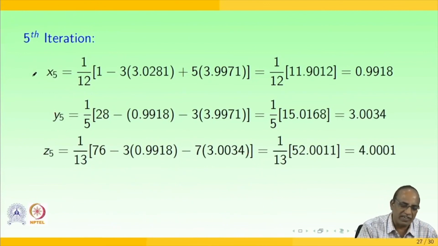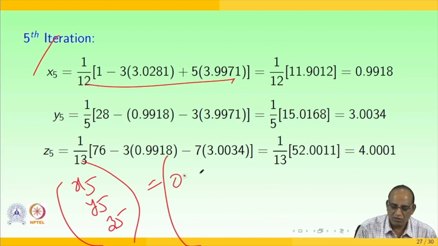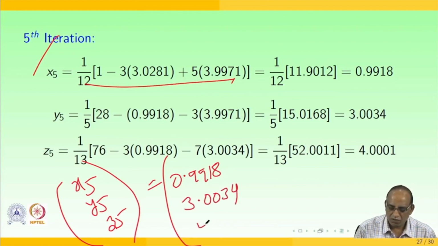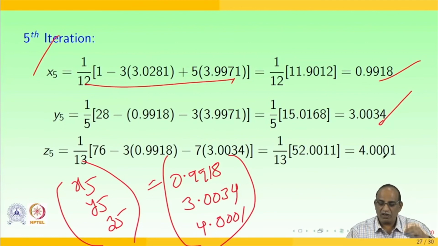Similarly, when you do the fifth iteration, you get x5, y5, z5, which from these equations is equivalent to 0.9918, 3.0034, 4.0001. So this is x5, y5 and z5.